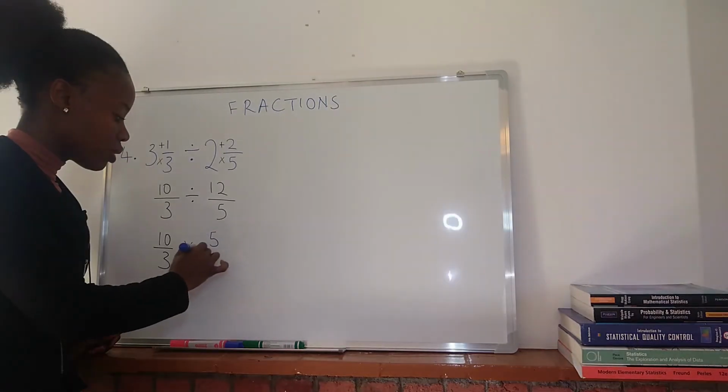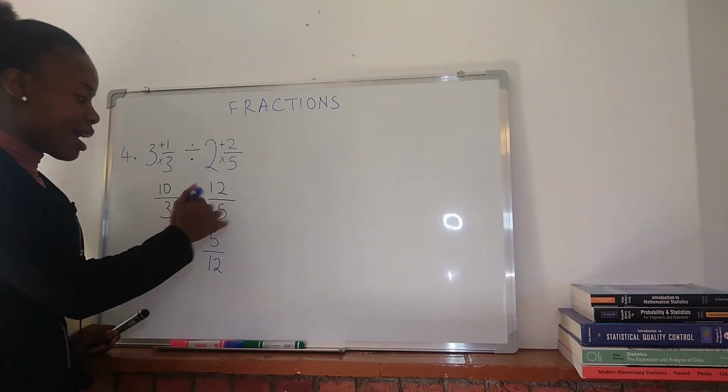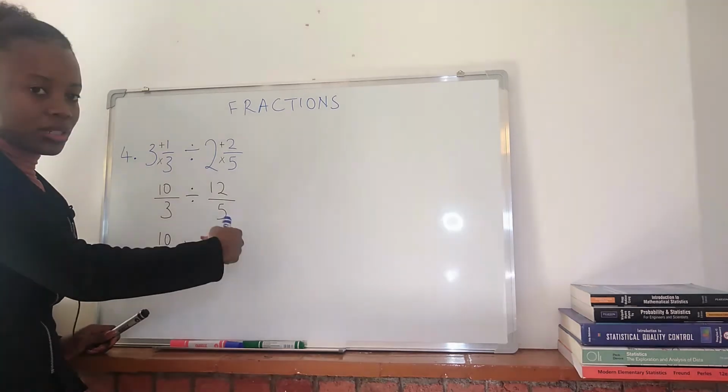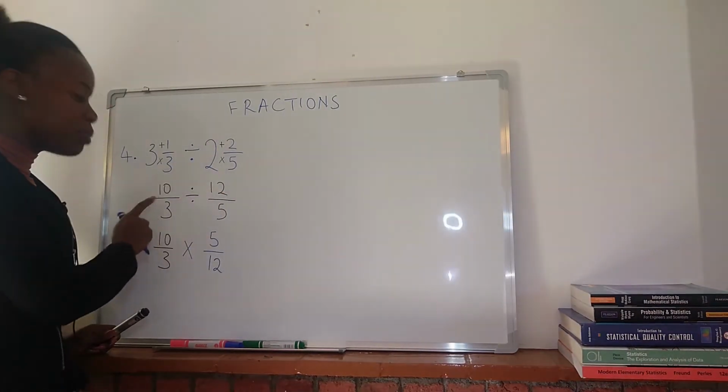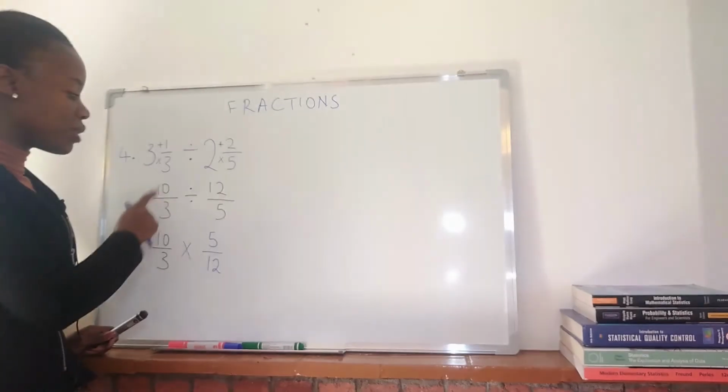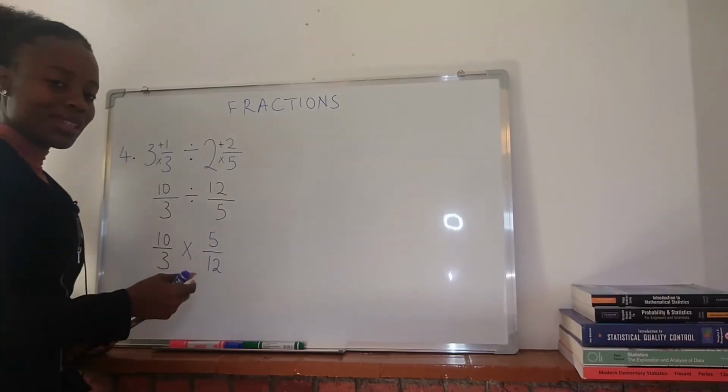You change the sign and flip the one on your right side. Do not flip 10 over 3, please. So we have something like this.